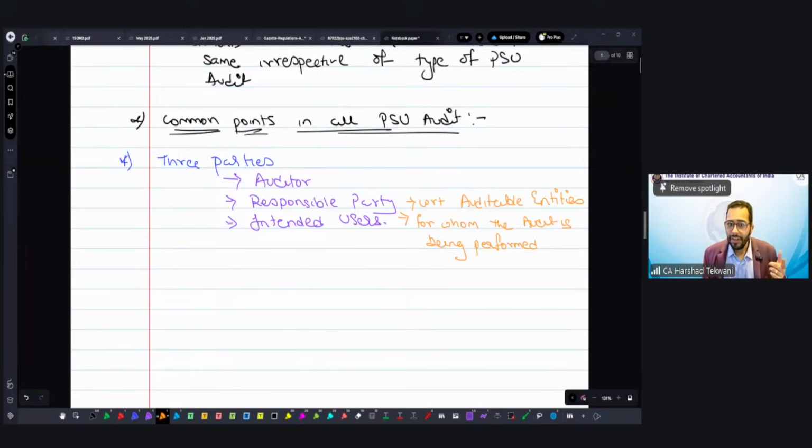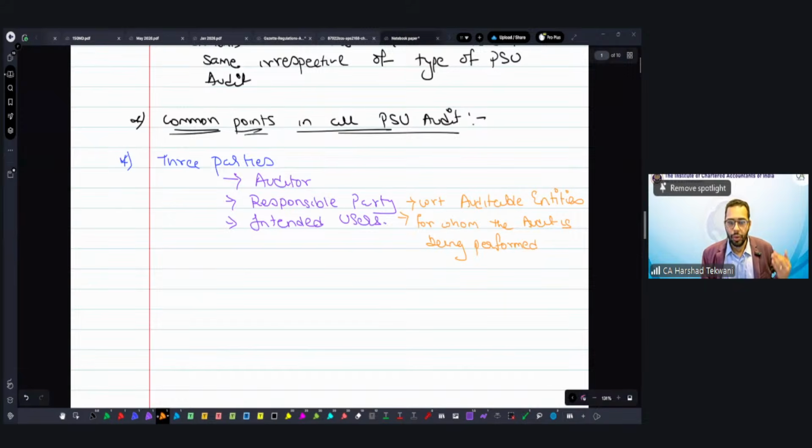We saw that, correct? Subject matter, criteria and information, like how that is relevant with respect to the broader aspect of the audit. So for example, let's go with the compliance audit. When I talk about the compliance audit, it is something relevant to the rules, regulations, and compliance of the subject matter.